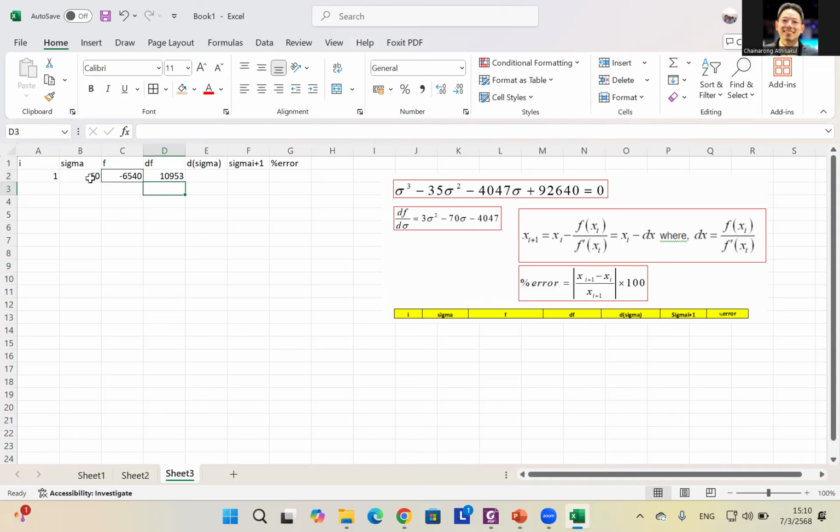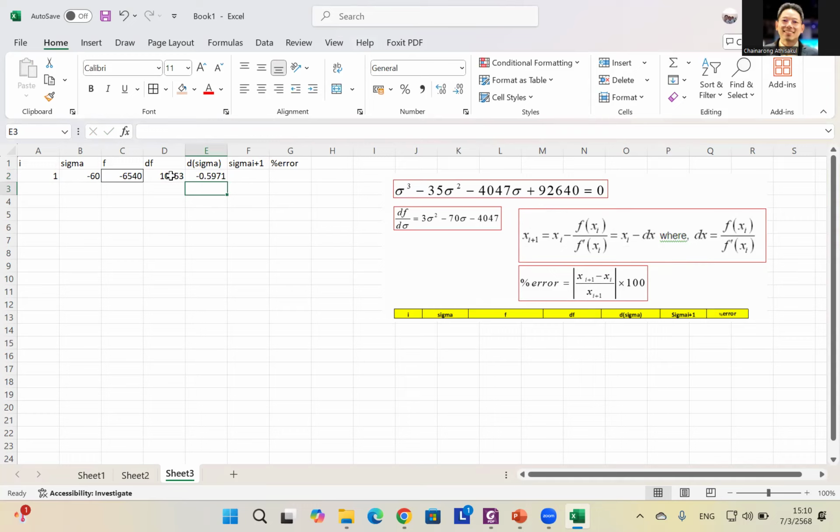Are you alright? Are you okay for that? Okay, and then d sigma is what? We define d sigma as dx. dx is f(x) divided by f'(x).